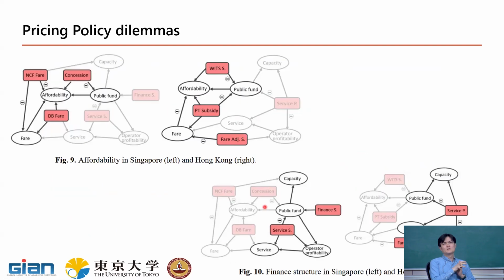Yeah. So what was really interesting about comparing Singapore and Hong Kong was that they had similar pricing schemes to address similar problems, but it was a totally different story about what was happening and the impacts that it had.